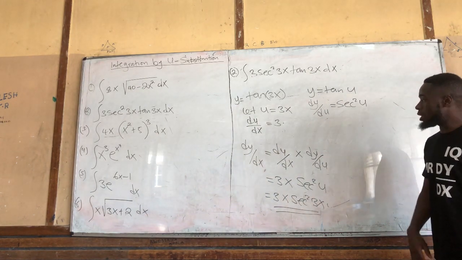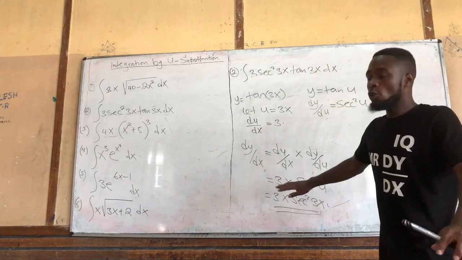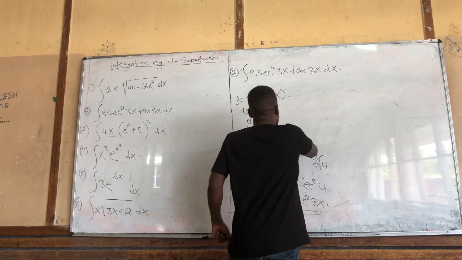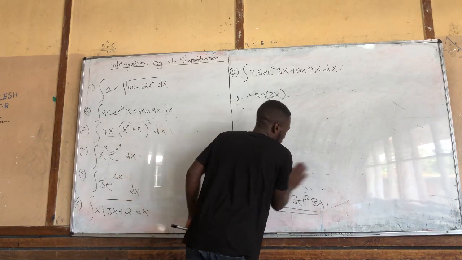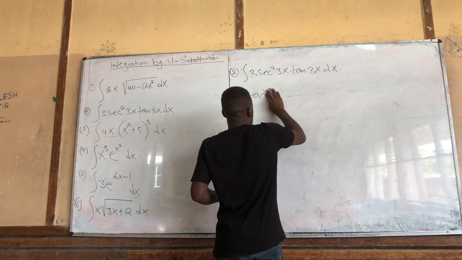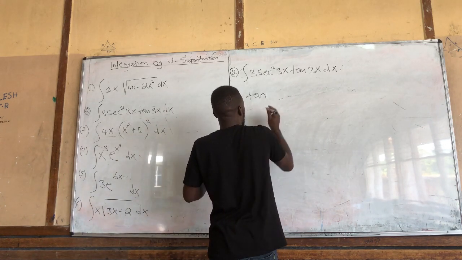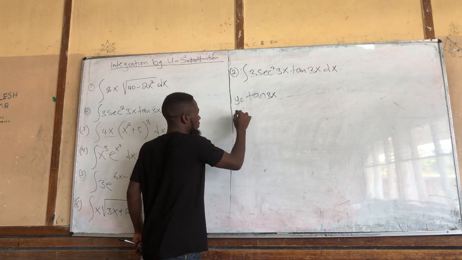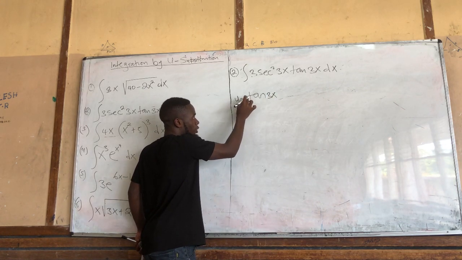So we need to understand this, or we can solve it in a more simplified manner like this. Okay? We know that in front of tan here there's a 1.